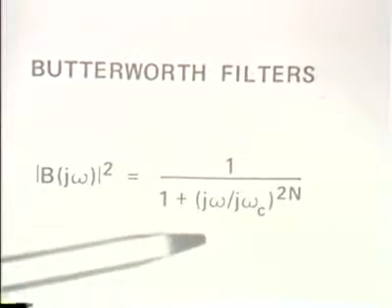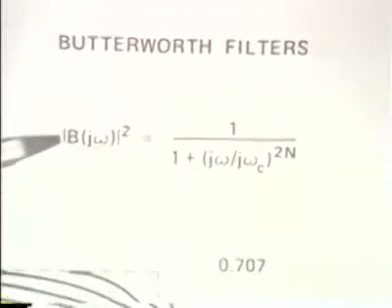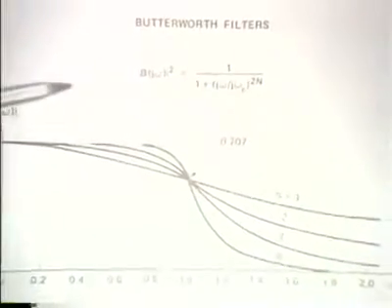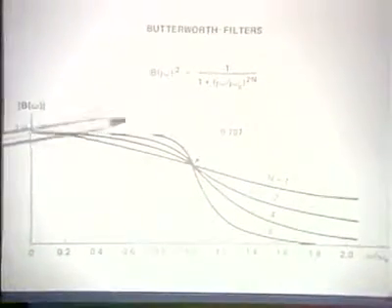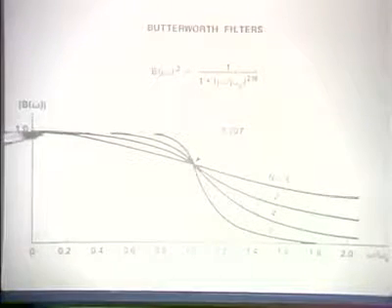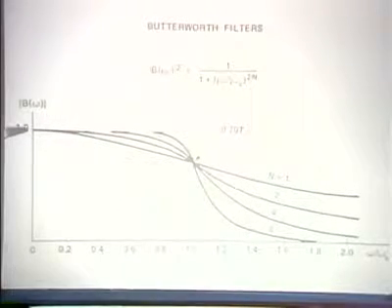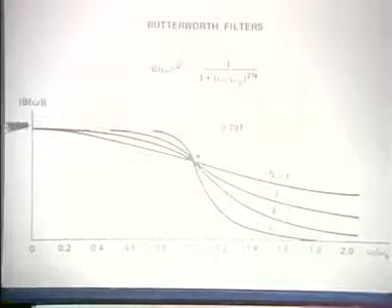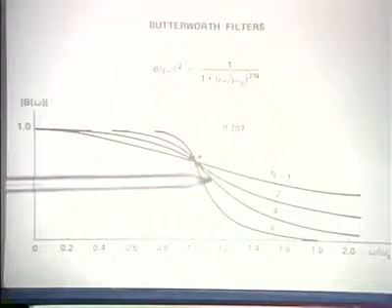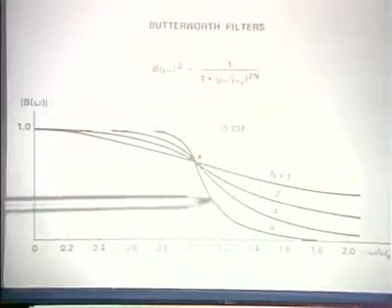Now, if you look at the frequency response, B of omega, for this class of filters, I've illustrated that below. What we see is that the frequency response starts at unity because that's the way that it's normalized. It has a monotonic characteristic in the pass band and in the stop band.